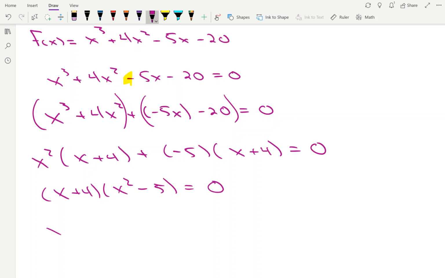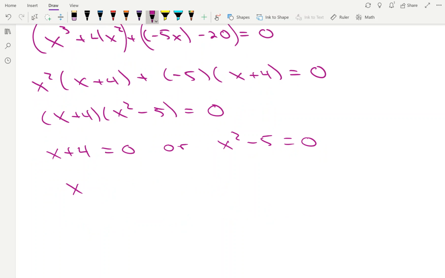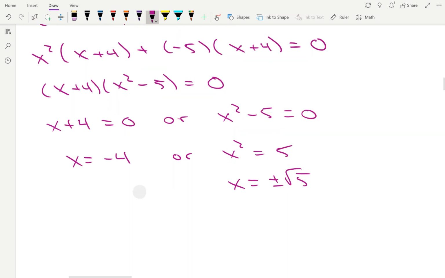equals 0. So the zero product property says x plus 4 is equal to 0, or x squared minus 5 is equal to 0. And with that, we know x is equal to negative 4, or x squared is equal to 5, or x is equal to plus or minus the square root of 5.